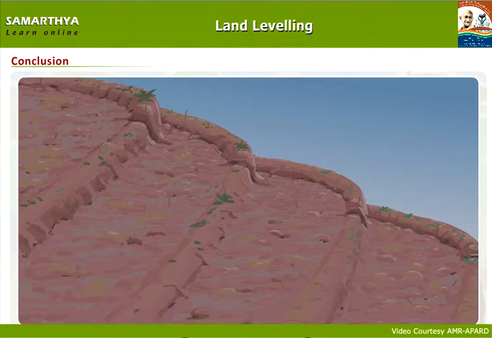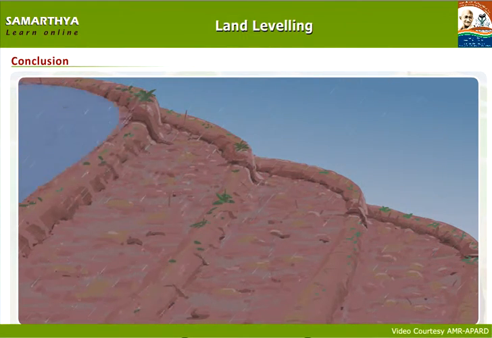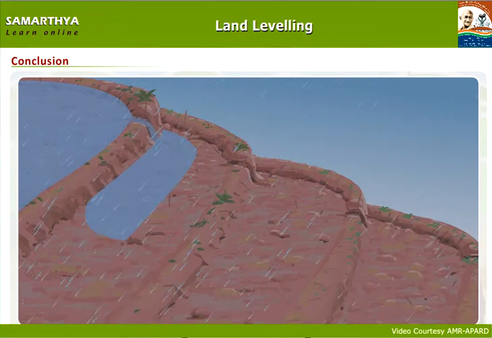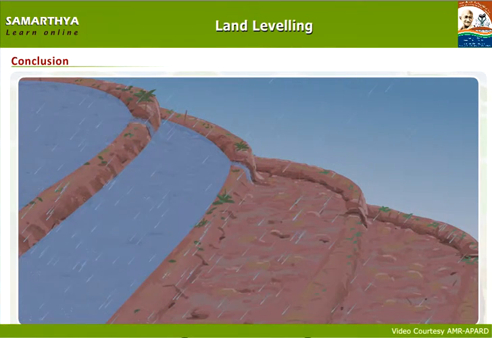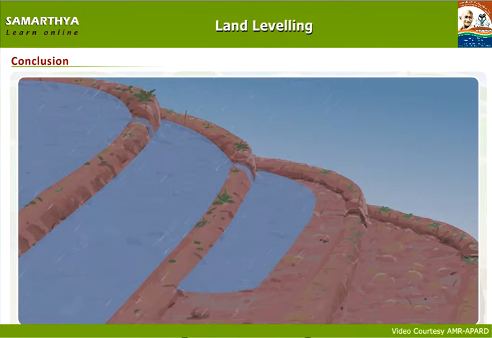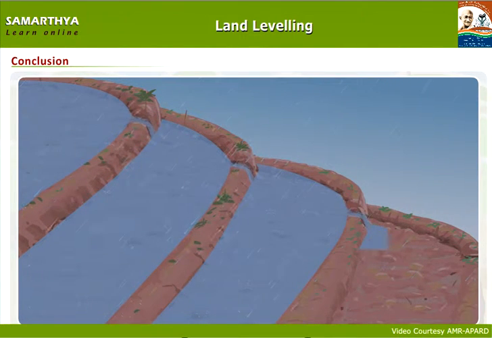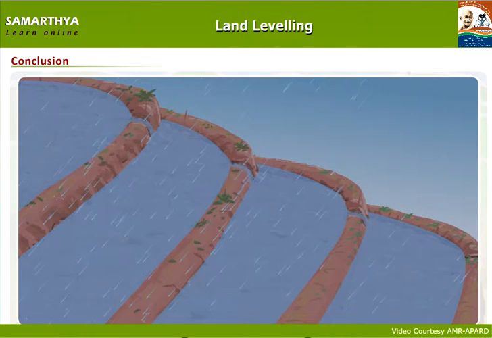In bench cut fields, the water current doesn't wash away the topsoil and hence the soil fertility can be protected. The other advantage of the bench cut method is that the blocks placed in steps get water one after the other, and this is good as the entire field block gets water uniformly.